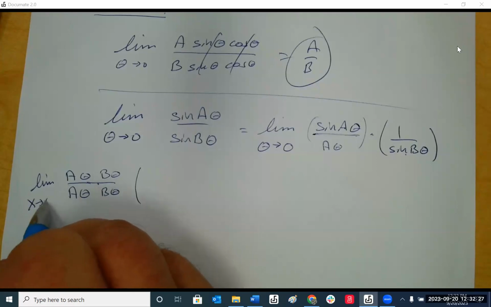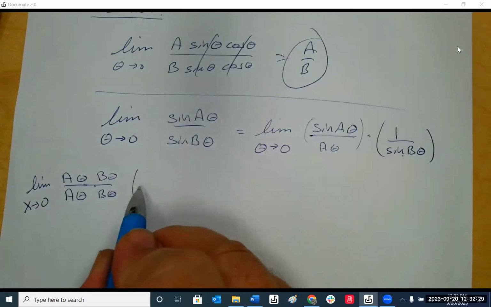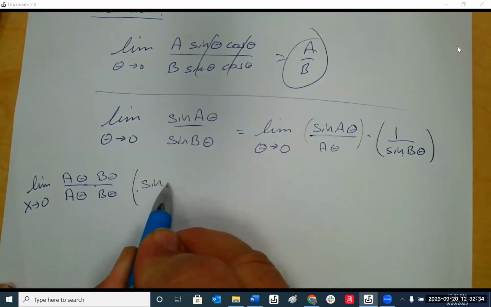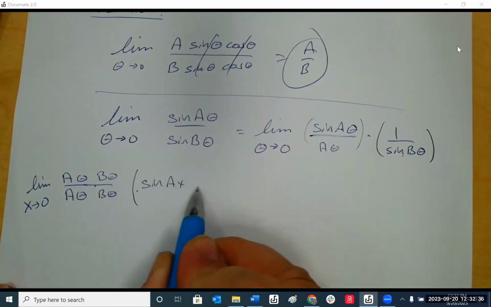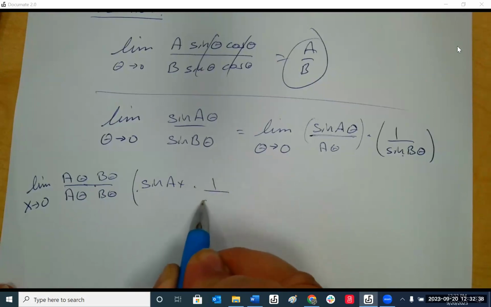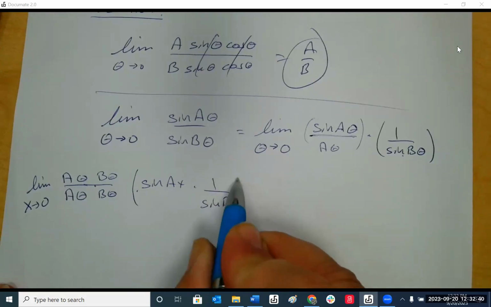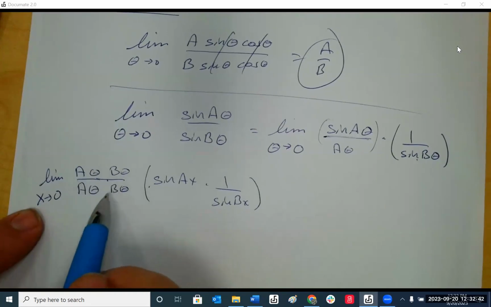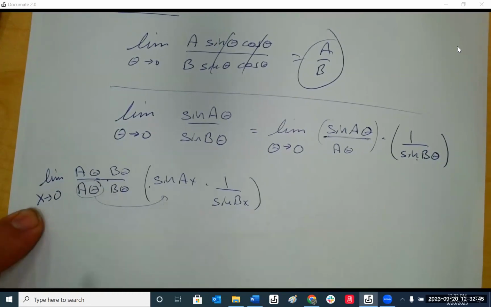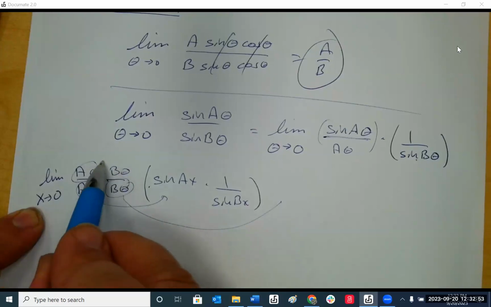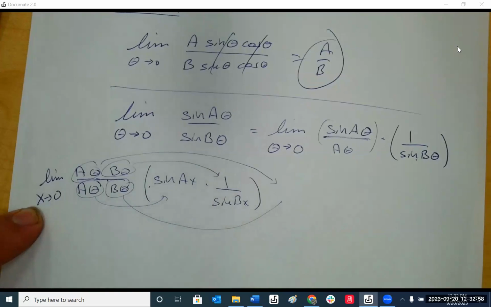I'm going to put X instead of theta. So now I have the limit of sine AX times 1 over sine BX. So that means this A can go under here, that B can go out here, this A can go out here, and this B can go there.